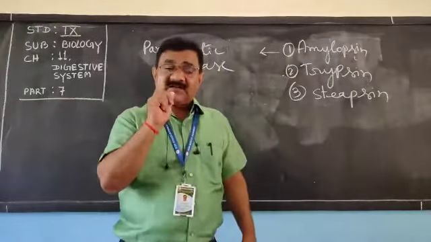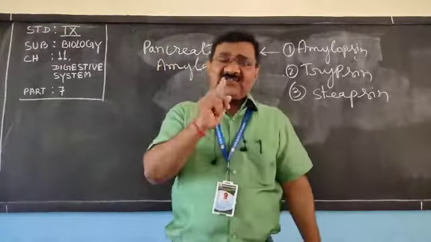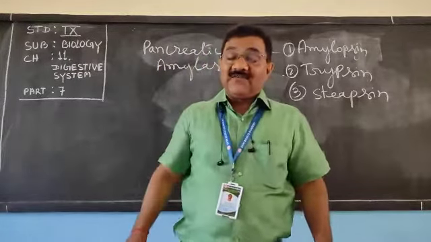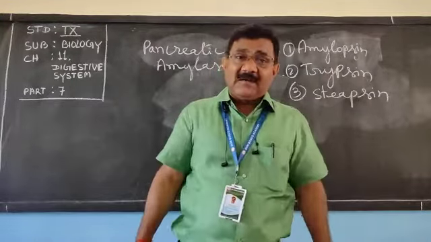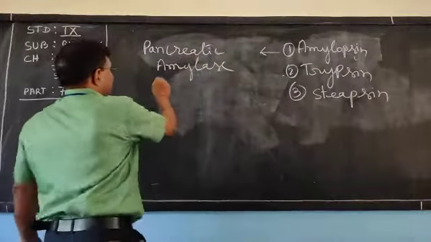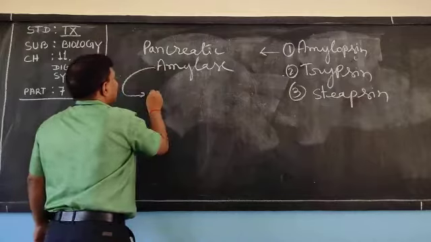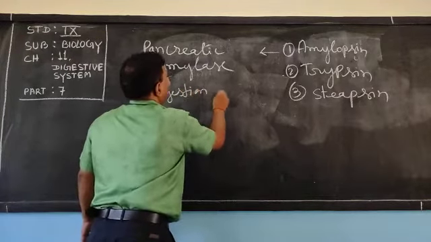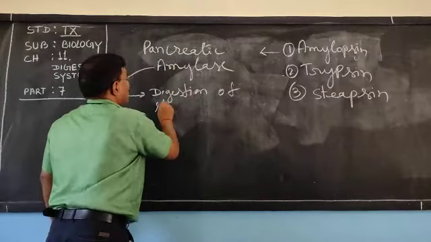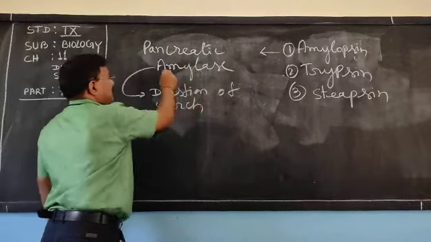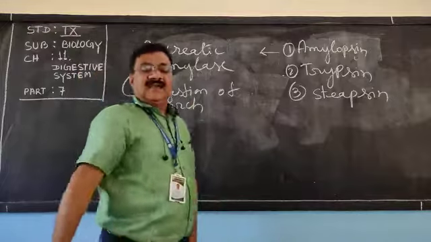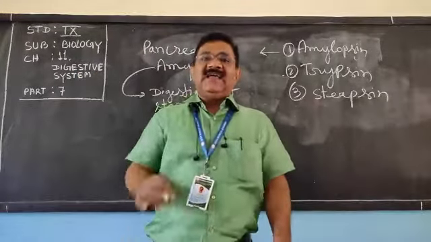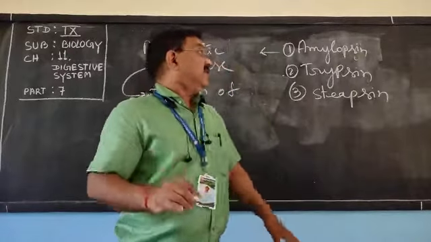But I have told that digestion of starch was not completed in the mouth. Then where will the digestion of starch be completed? The digestion of starch will be completed by this pancreatic amylase, and this digestion is completed in the small intestine.